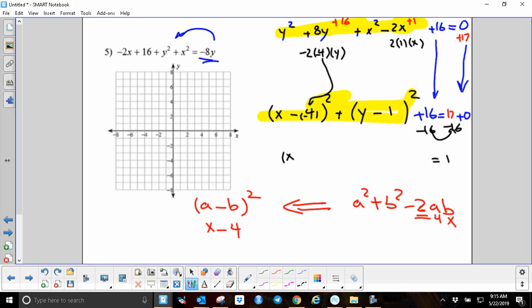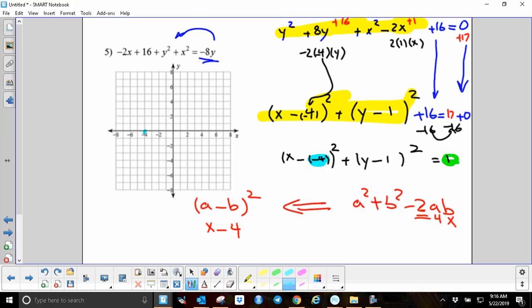X minus negative 4, what would it become? Let's keep it like that. Plus 4. But let's keep it like that. Why? You're going to see in a second. So what is my radius? This is my radius. 1. What is the center? Negative 4.